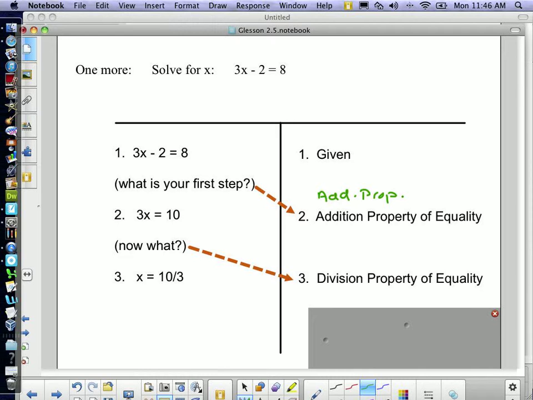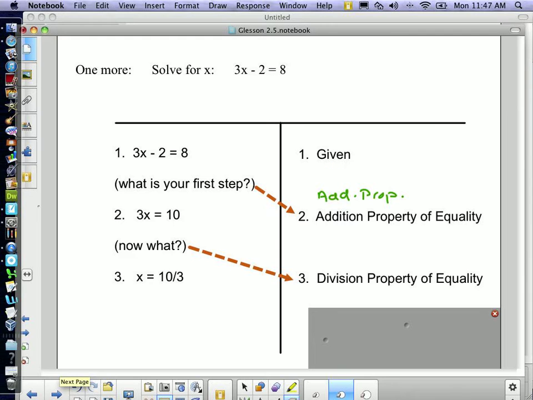I tend not to use the symbols because if we don't make our division sign really clear, it might look like an addition sign or vice versa. So it's easier to actually use the letters than the symbol.